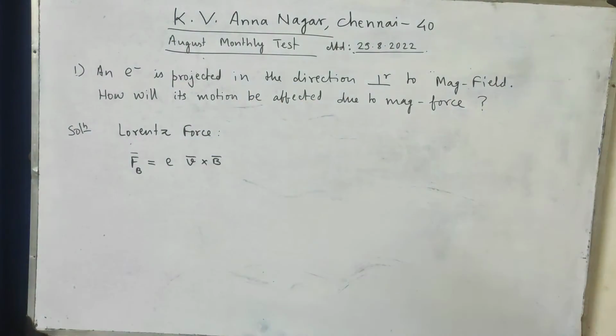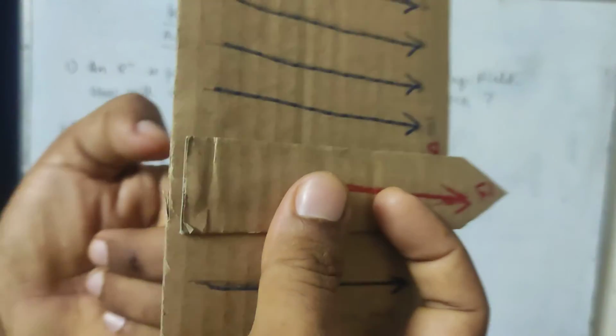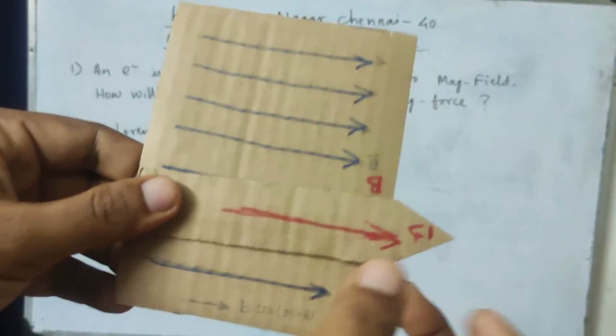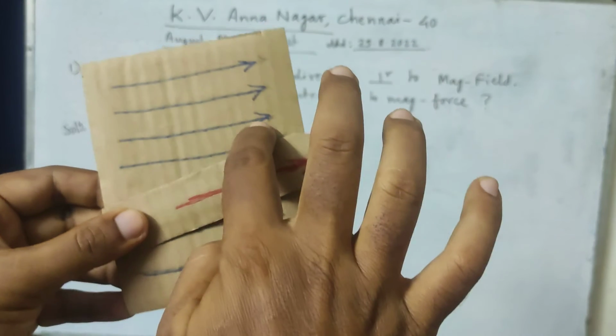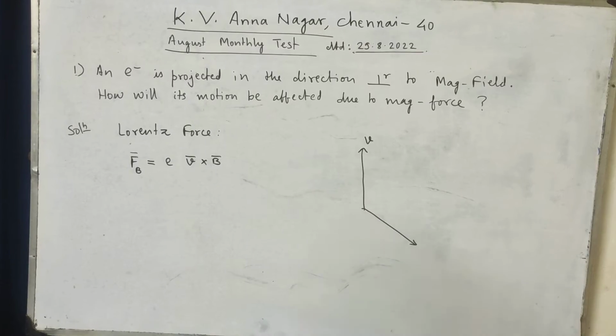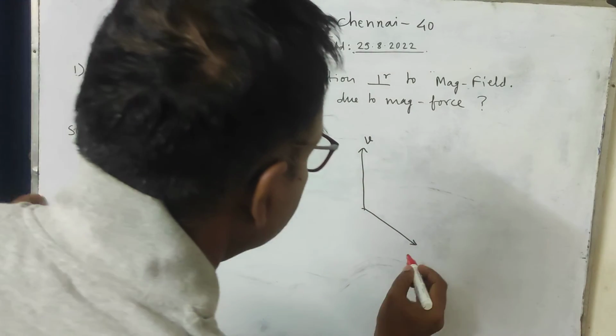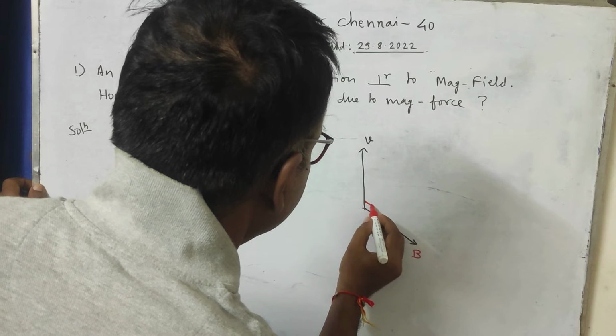When you go clockwise, the force will be perpendicular to this plane. It will be going inside, right? Let me draw it on the board. This is your B, this is 90 degrees.